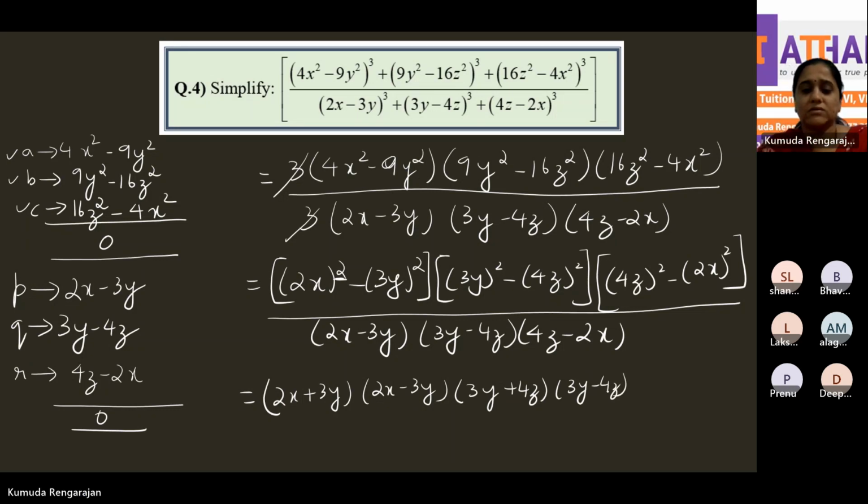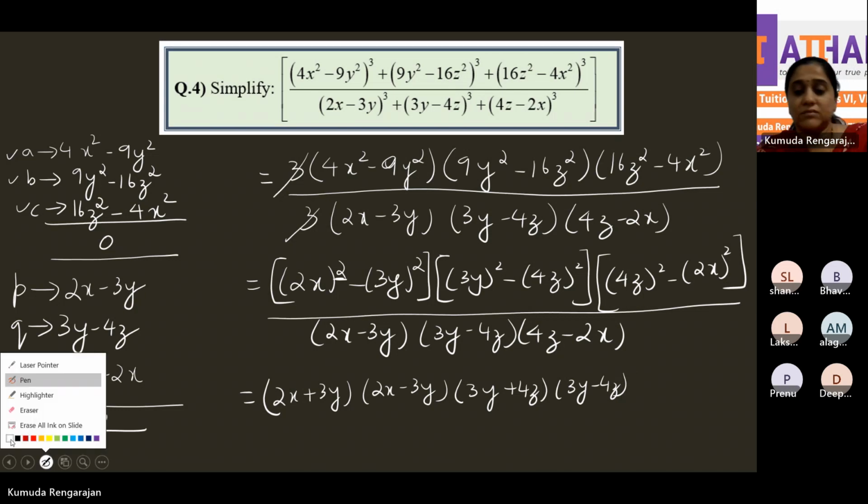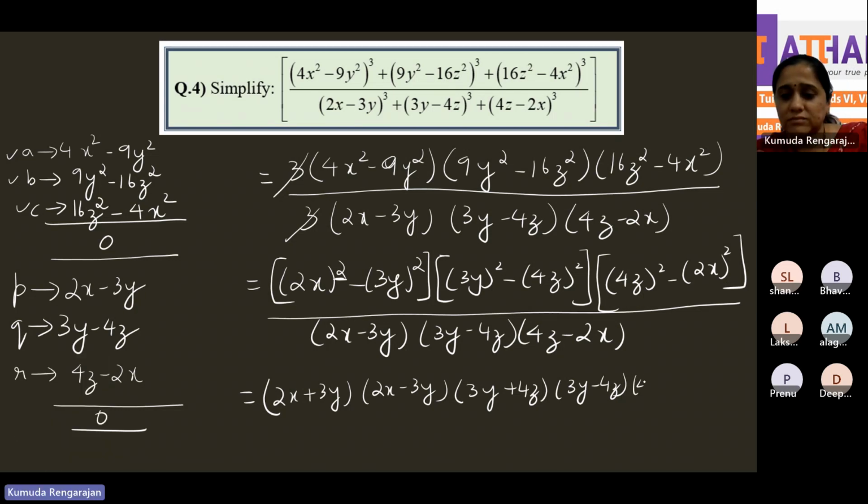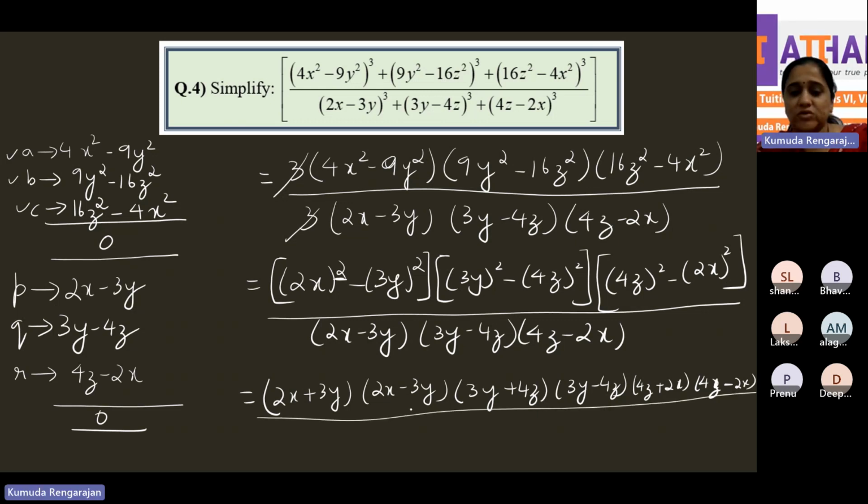Next. Okay, I think you can understand. 4z minus 2x, divided by whatever you see there.